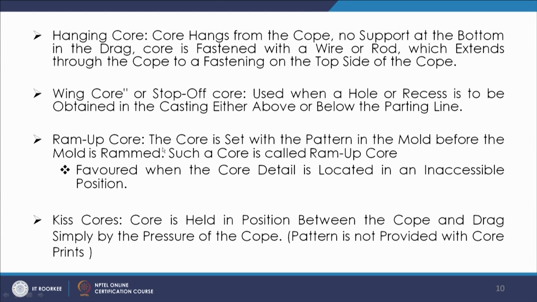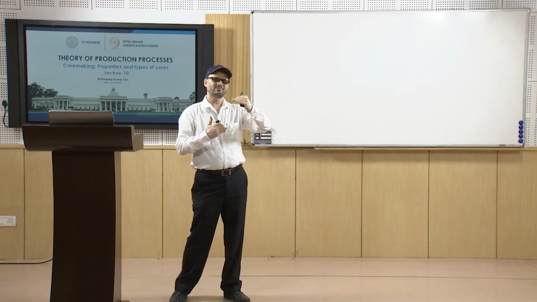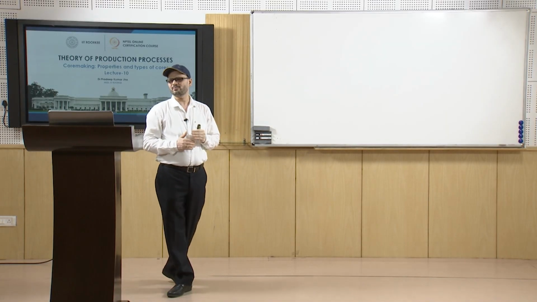Then you come to the hanging core. In the hanging core, again it will be a similar kind, but it hangs from the cope portion. So, the core hangs from the cope and has no support at the bottom in the drag. In the cover core you have the support from the bottom, but here there is no support.